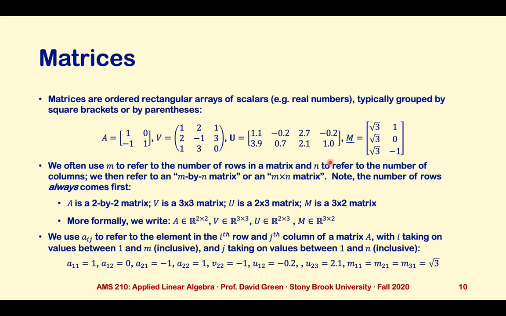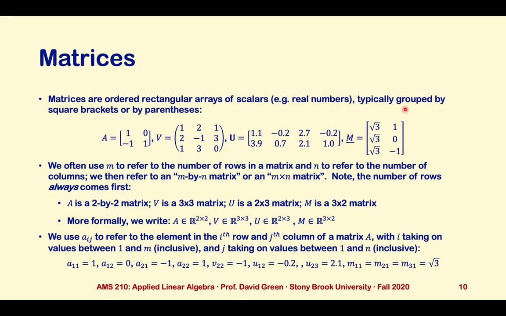Now moving on to matrices. Matrices give students a little bit more trouble at times because they're a little bit more involved, a little bit more complex in how we work with them. The simple way of thinking about a matrix is that it is an ordered rectangular array of scalars, or of numbers.